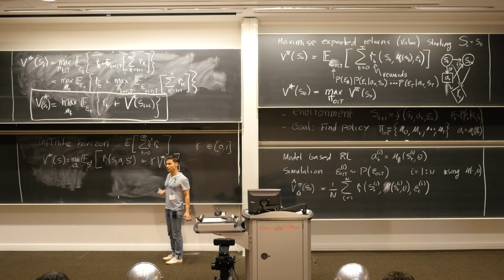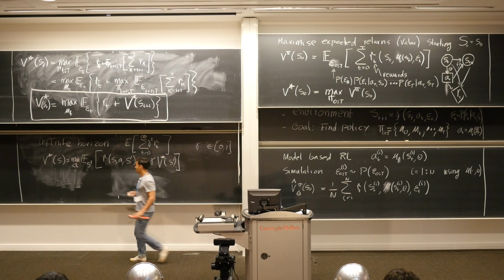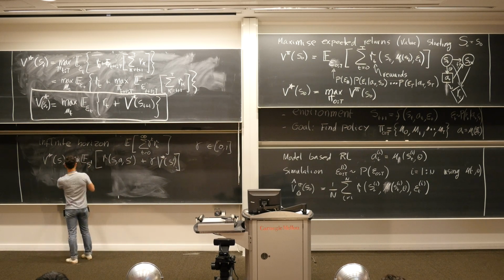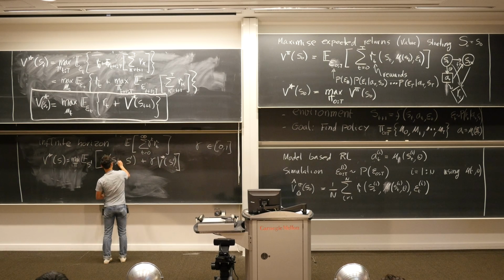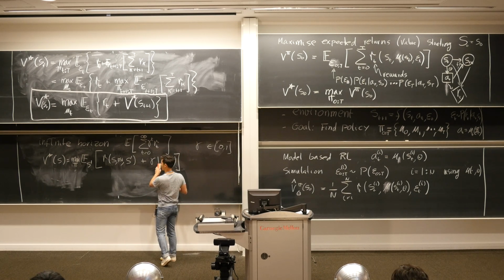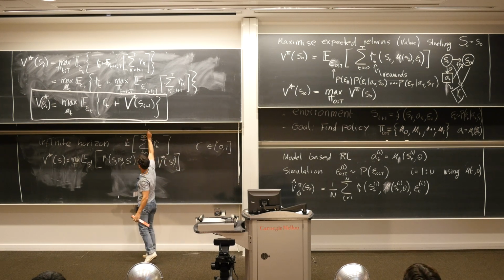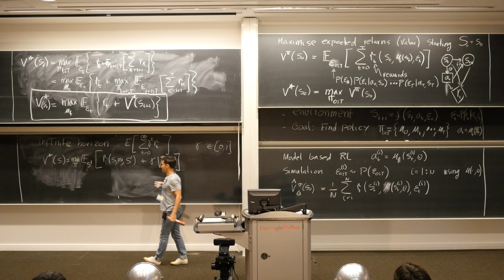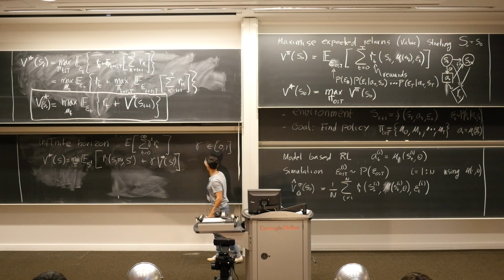often when you have a control problem, let me rewrite this again as a function, pi of s, just to illustrate the following. Let's assume that I want to solve this for a discrete problem.